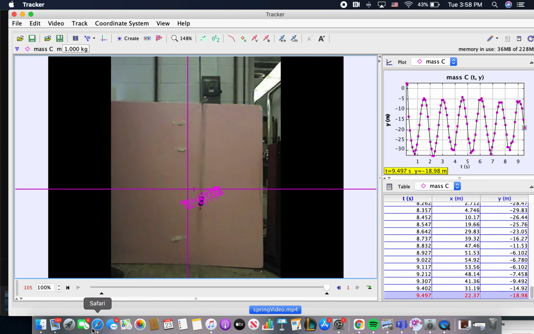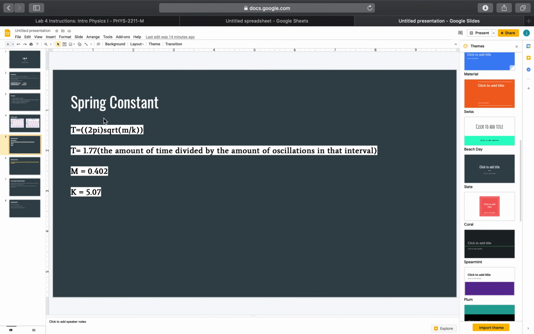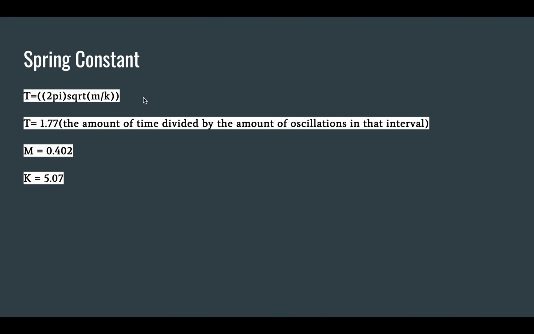Let's actually go back here to the main presentation, and let's talk about the spring constant now. The spring constant is found using a derivation of the period formula. The period formula is as follows: T equals 2 pi times the square root of m divided by k, mass divided by the spring constant.